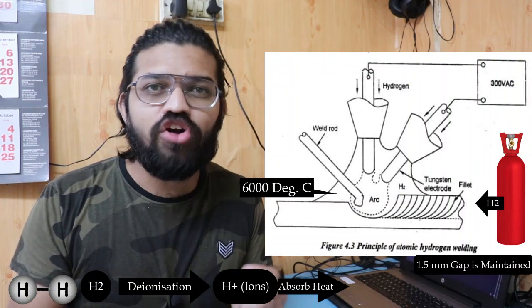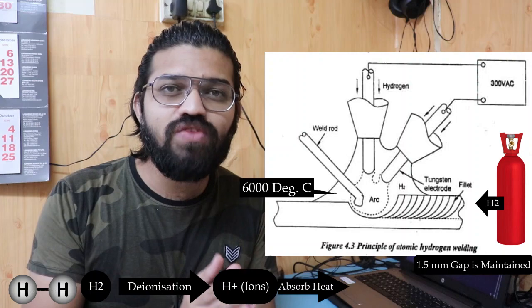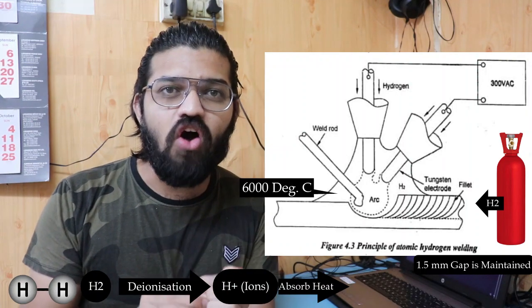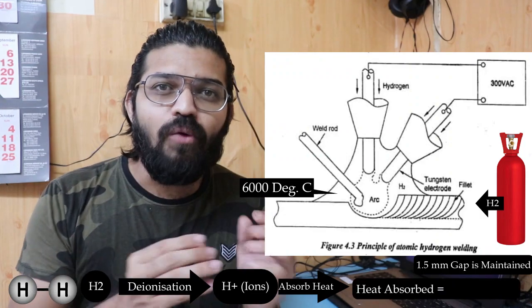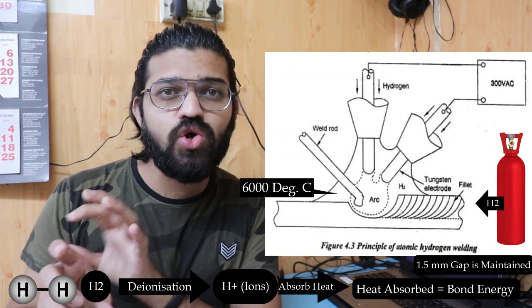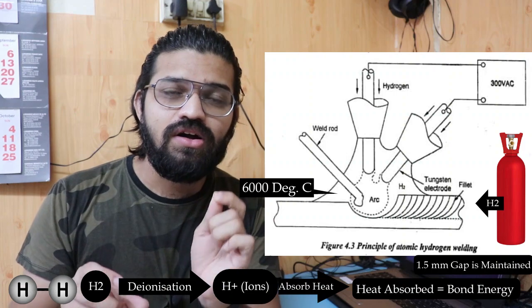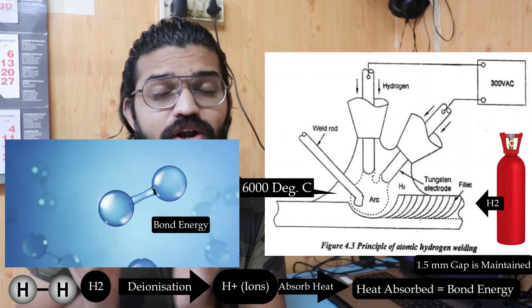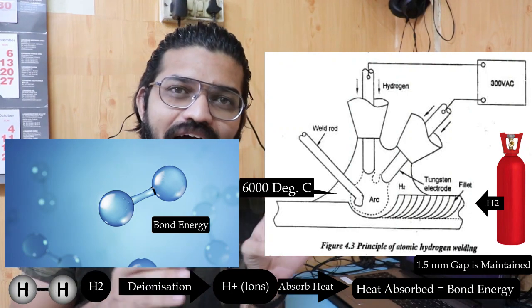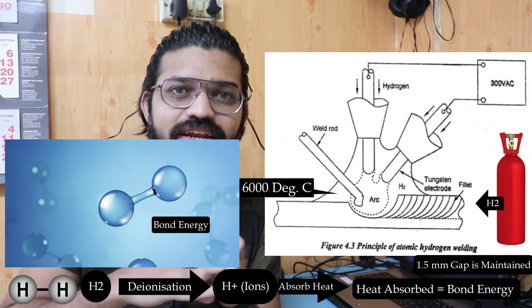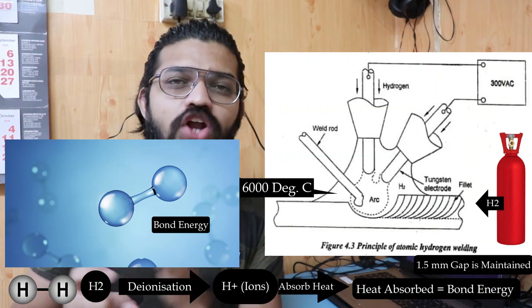The important point to be noted is that the amount of heat absorbed by the hydrogen ions will be equal to the bond energy between two hydrogen atoms when the hydrogen gas exists in H2 diatomic form.